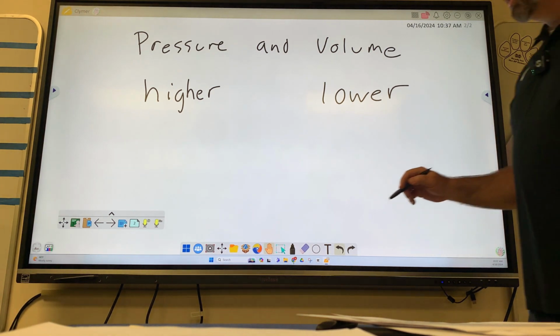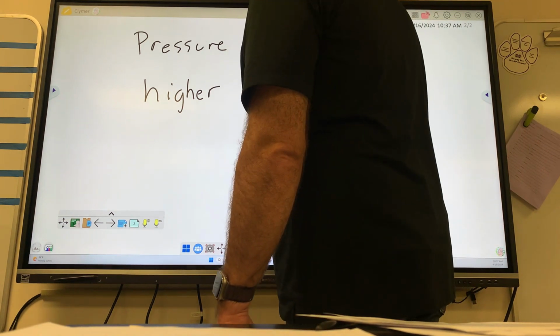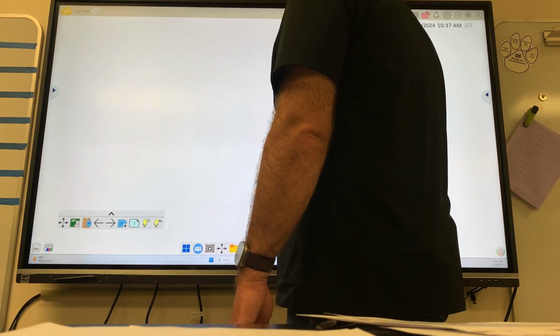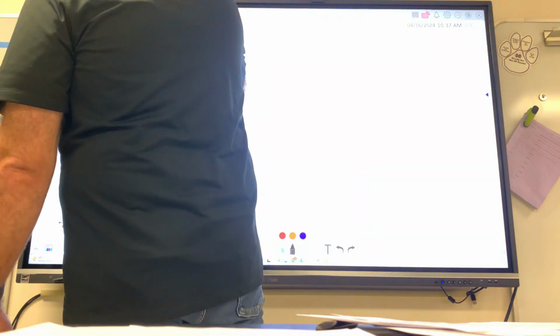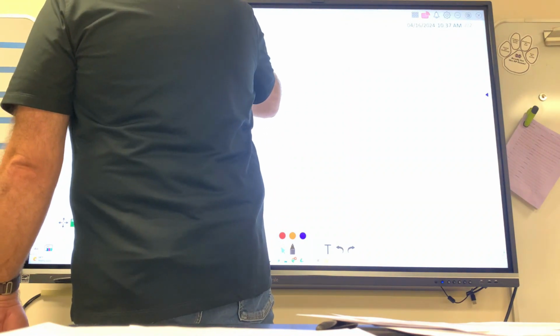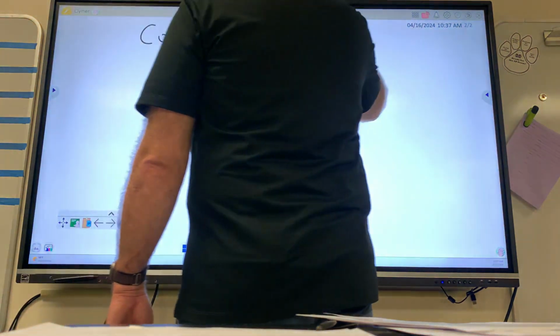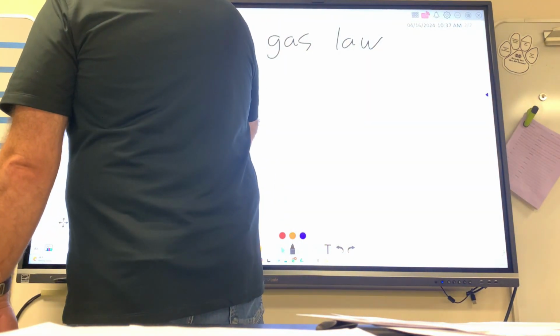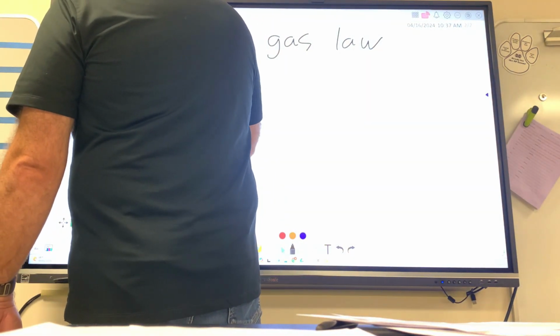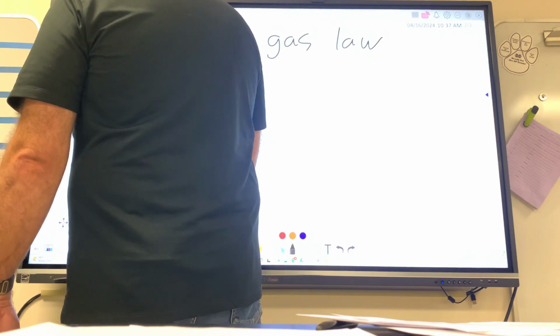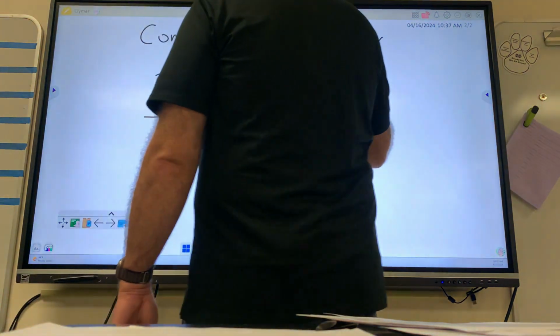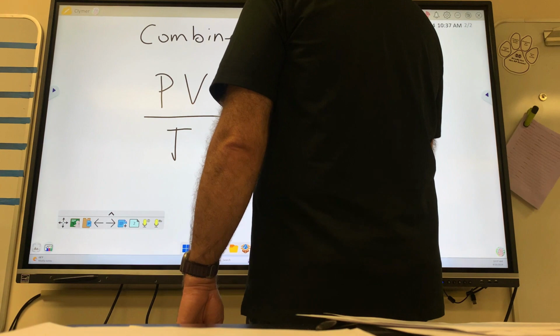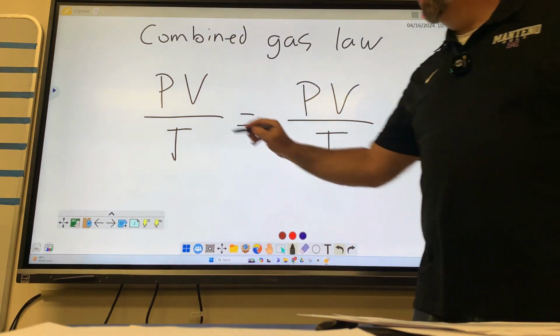And where we're going to start today is at the end. We're going to start with the combined gas law. How do I want to do this? I want you to write this real big in your notes.